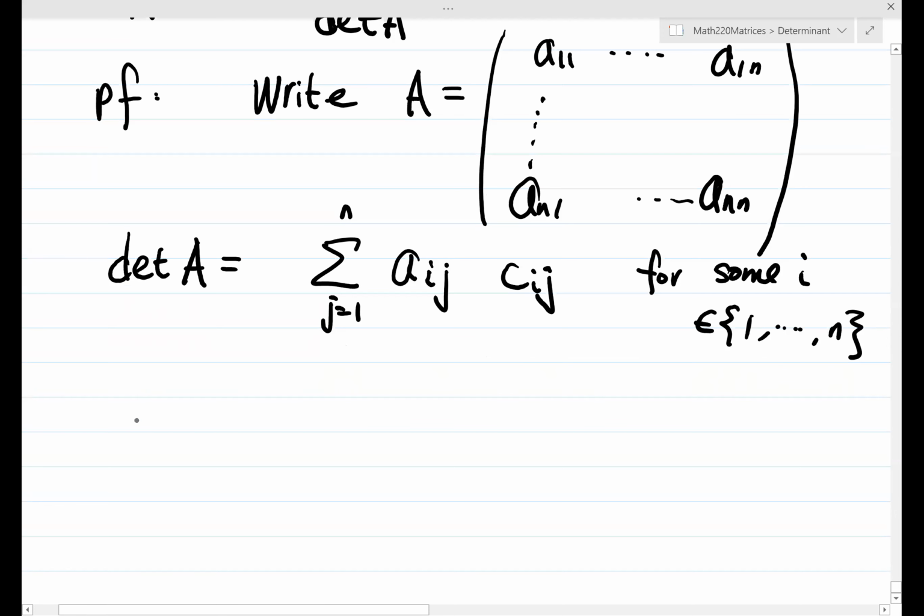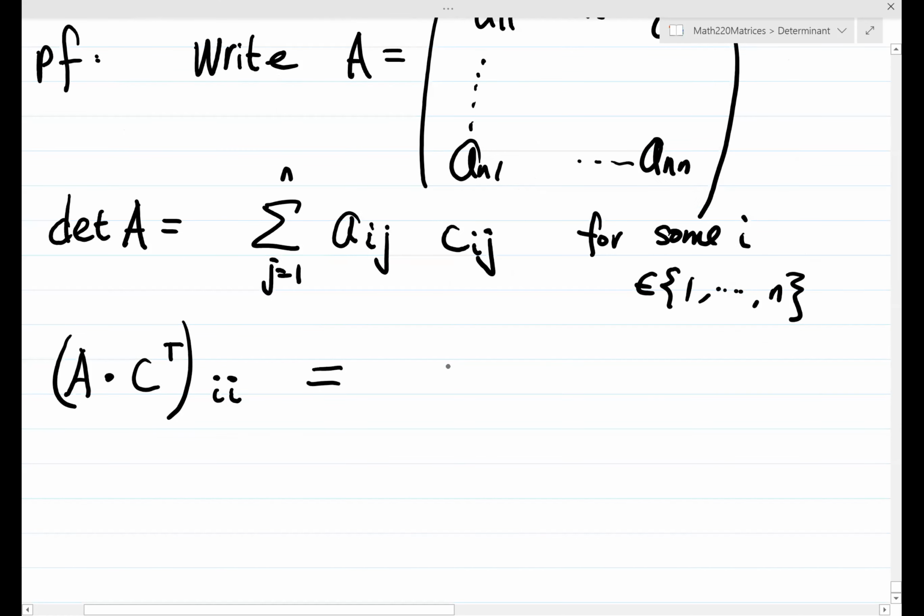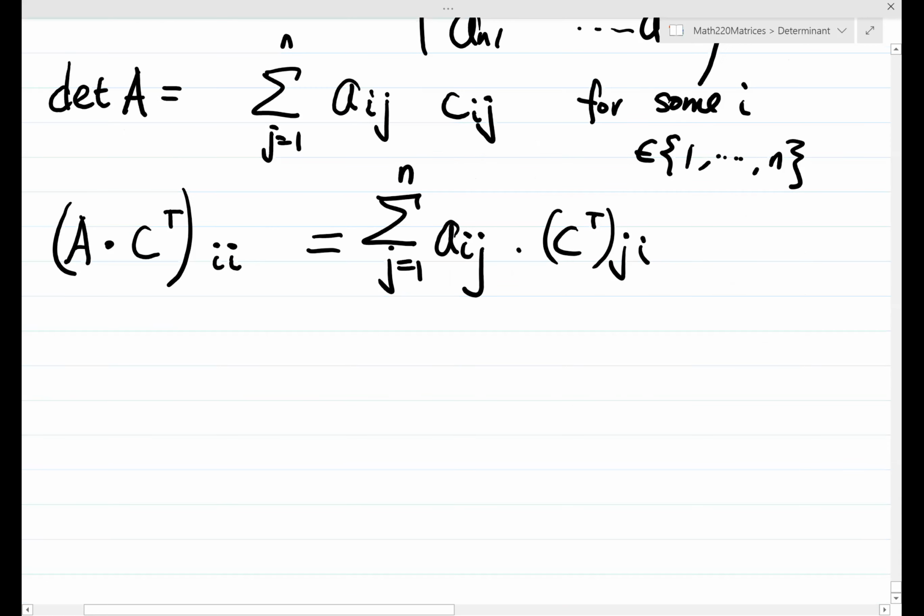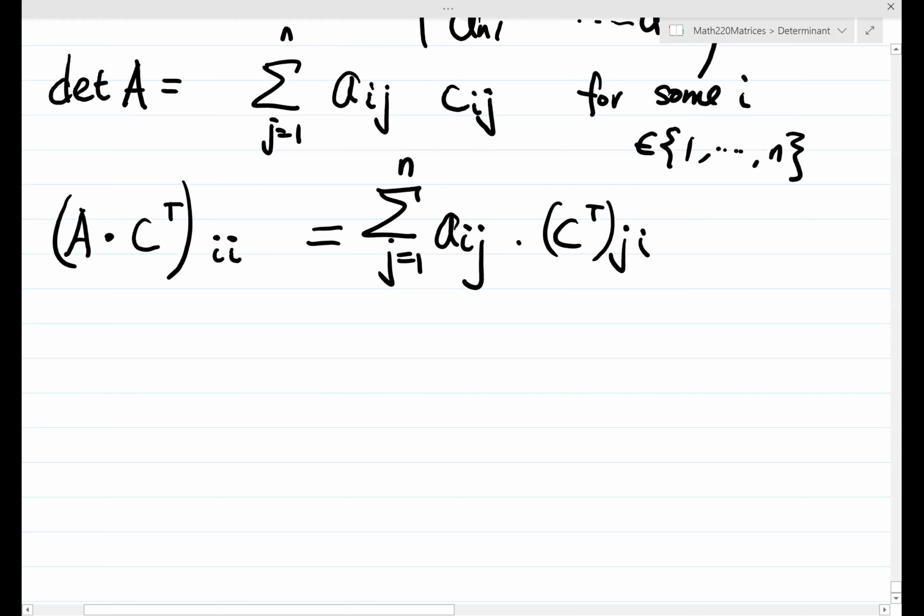Now check A times the matrix C transpose. Use the product formula for the diagonal entry ii: it is the sum over j from 1 to n of Aij times C transpose ji. Transposing just flips the row and column numbers, so C transpose ji is Cij.